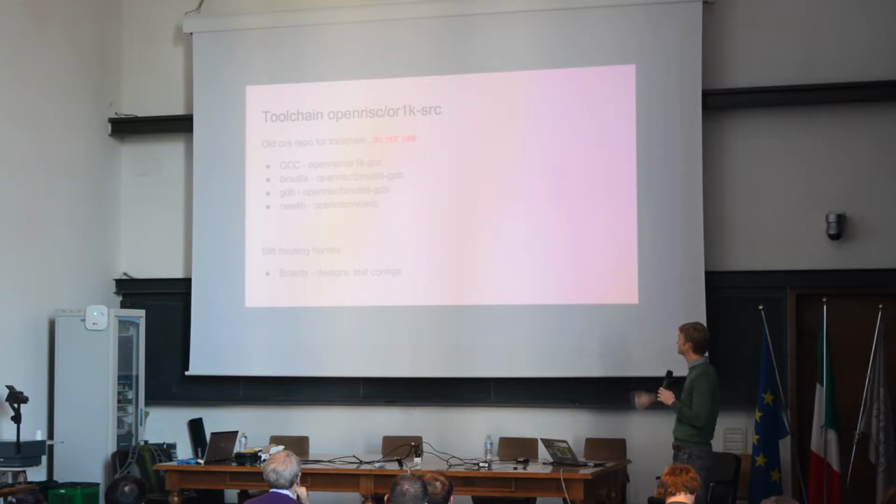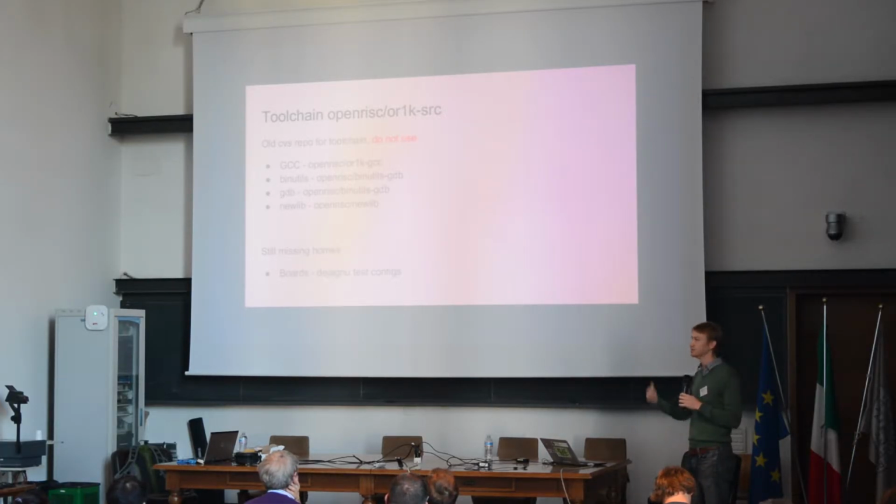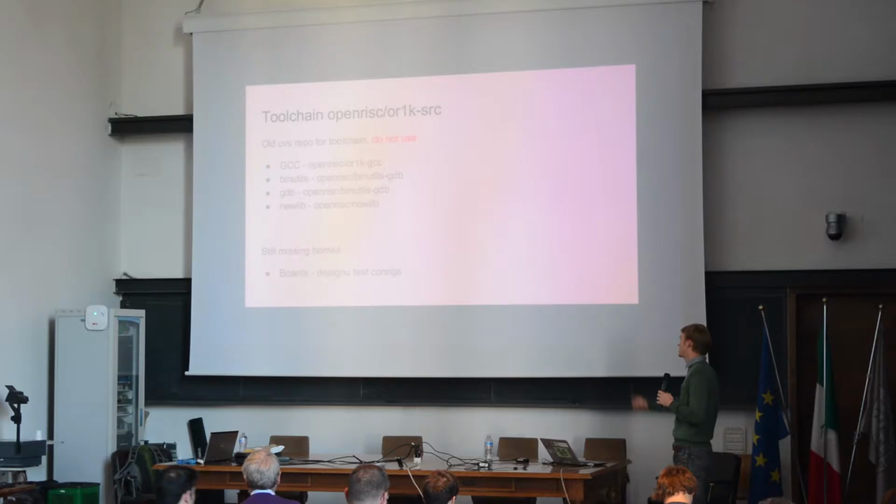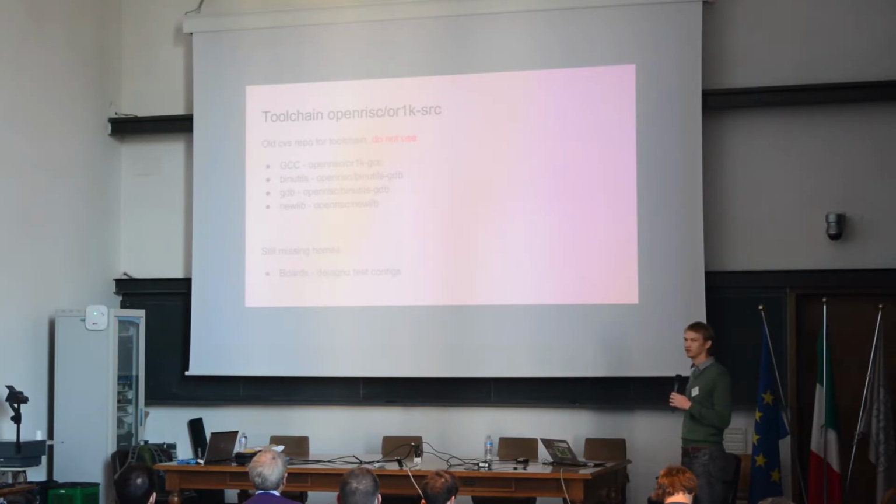The other repos, which I'm going to go over now, are now tracking upstream GCC or upstream binutils, GDB, and newlib. And so they're much easier to patch and much easier to send our patches back upstream. And the one thing that's missing, though, is DejaGnu, which is the test utils.